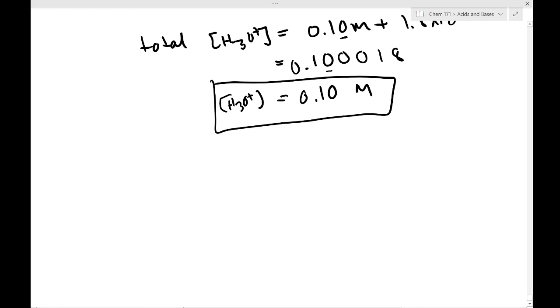And in the case of two weak acids, what happens when we mix two weak acids together? We have a general rule of thumb.